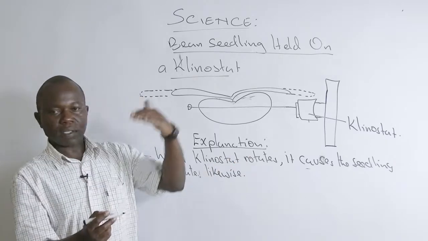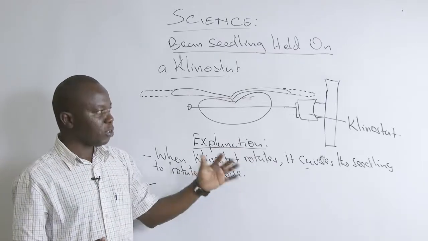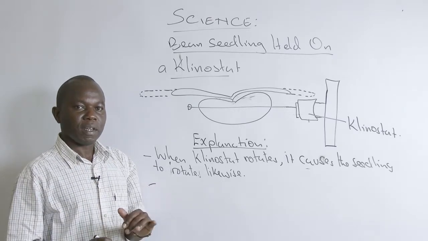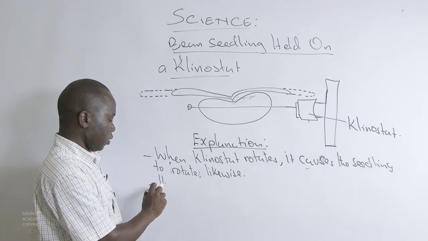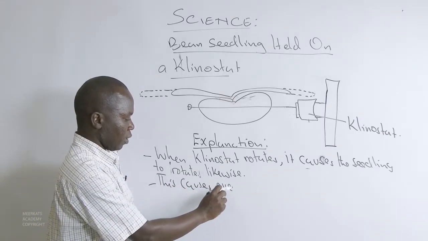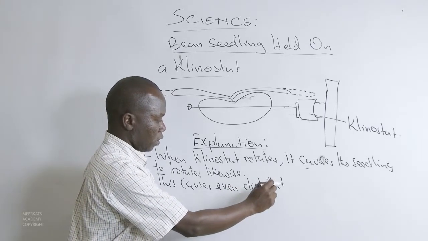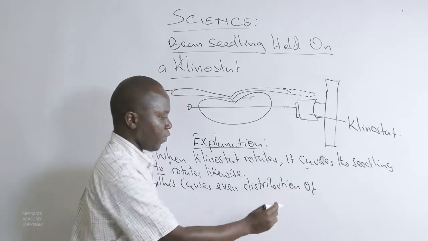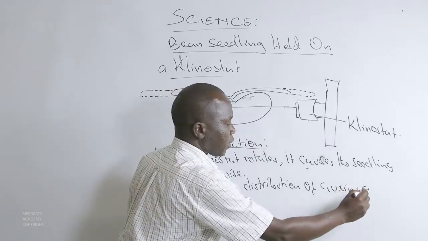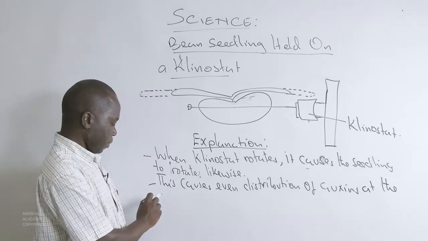So the seedling will also rotate, and as the seedling rotates, distribution of auxins at the shoot tip and root tip will be even, uniform. This causes even distribution of auxins at the shoot tip and root tip.